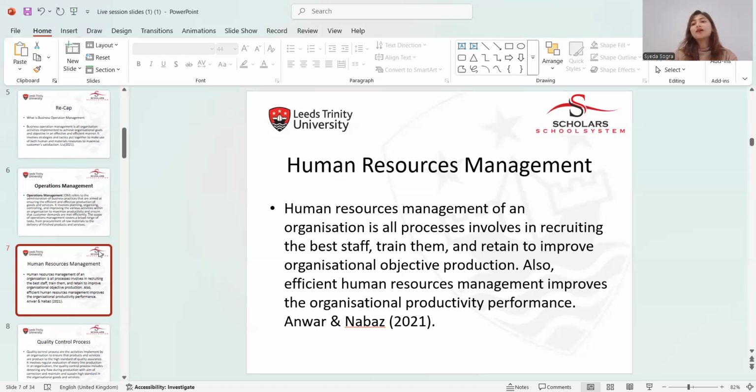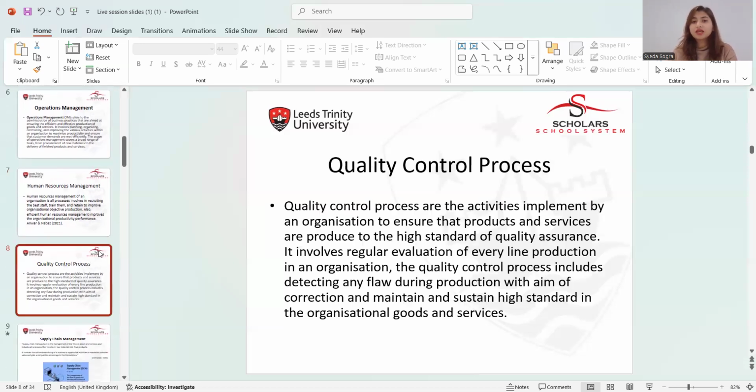So their job is hiring the right set of people for the right kind of job with the right roles and responsibilities. Because if we hire the right person but for a wrong job role, they will not be able to complete their responsibility, which will affect the organizational performance and the productivity at the end, which will eventually affect the quality control or the quality process of the company.